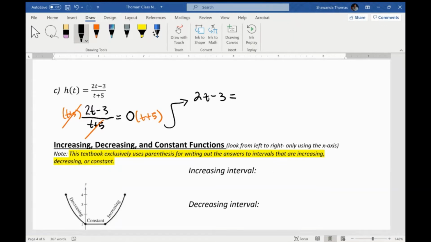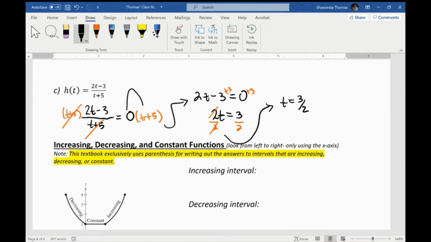It's 0, right? Because anything times 0 is 0. Then we're going to add 3 to both sides. We get 2t equals 3. Then we divide by 2. 2 divided by 2 is really 1. We somehow say it cancels out. So t equals 3/2.